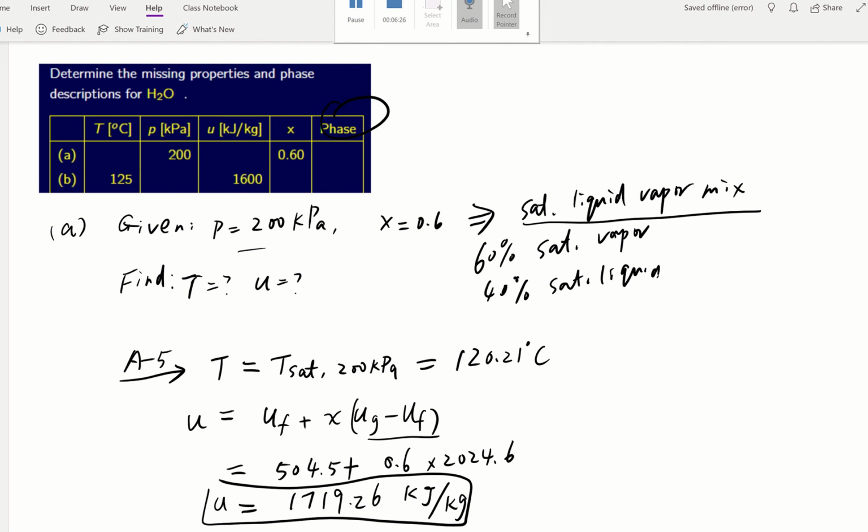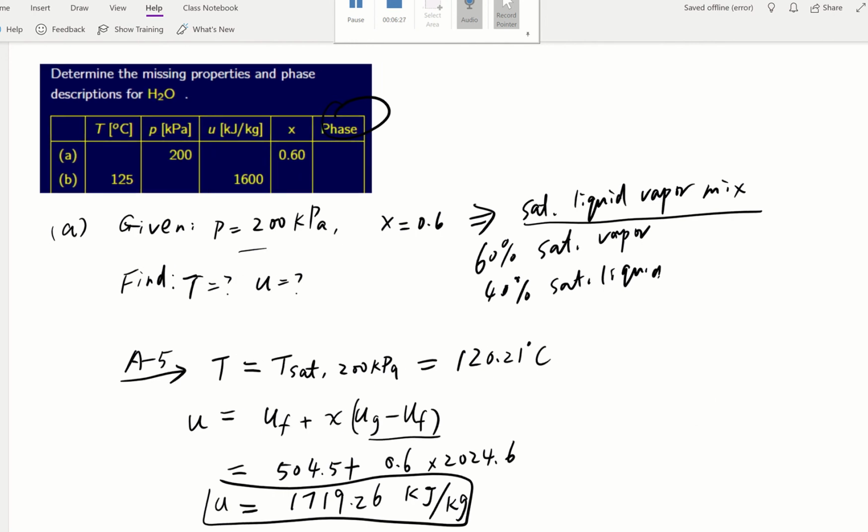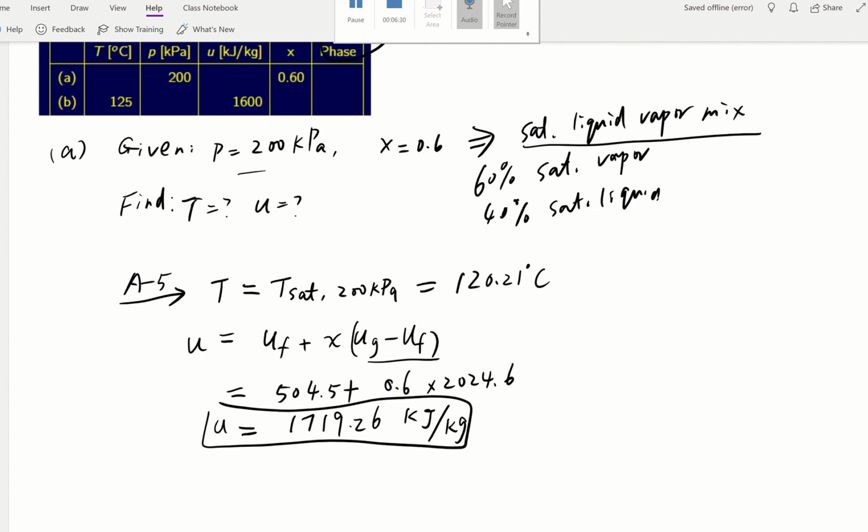Okay, now let's look at another example, which is question number B. What is given here? The temperature is given as 125 degrees, and also our U is 1600 kilojoule per kilogram.